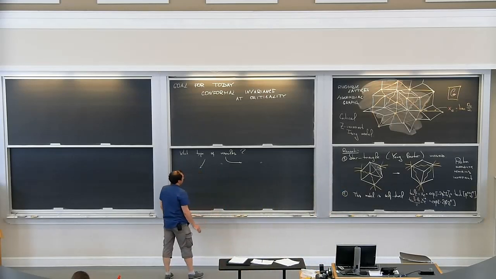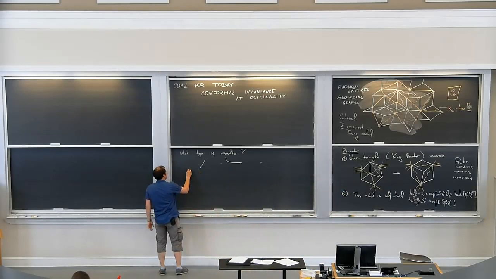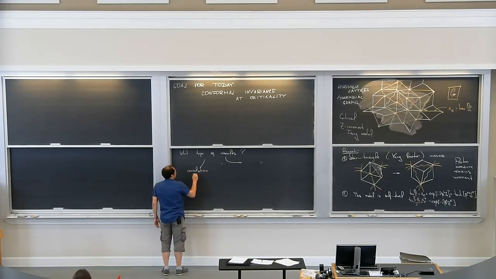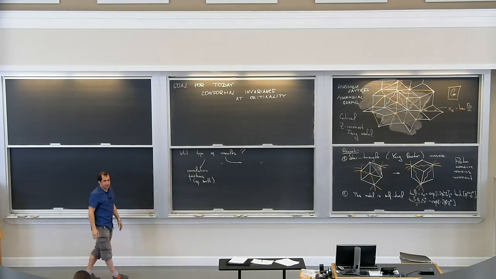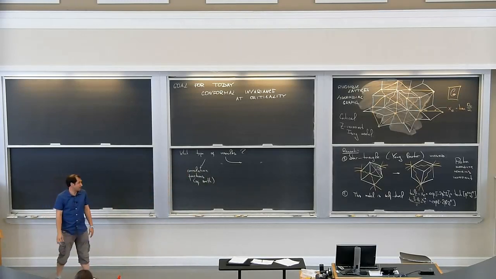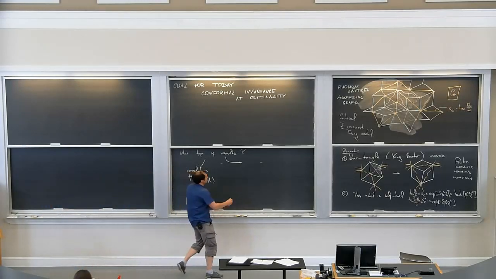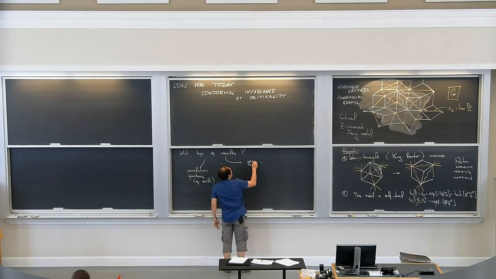Okay, so either correlation functions of fields in the lattice, in particular spins themselves, or geometric objects, say the geometry of domain walls.